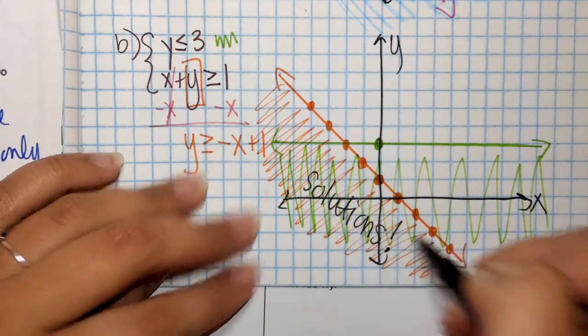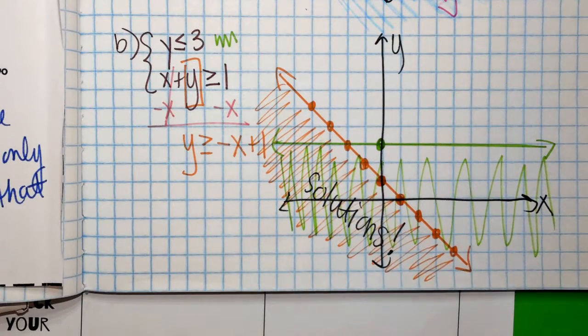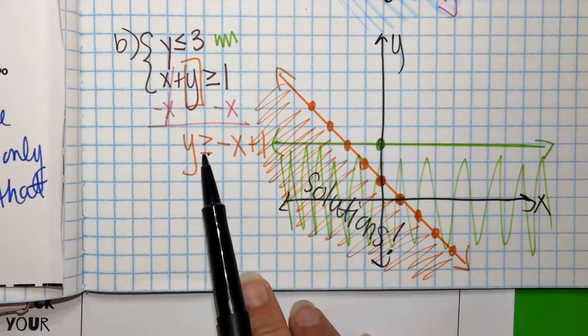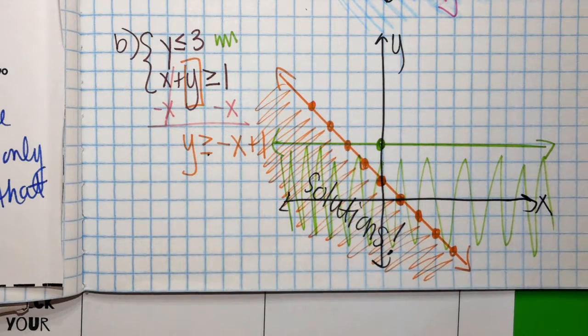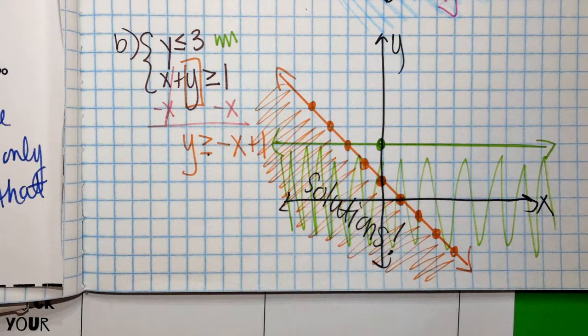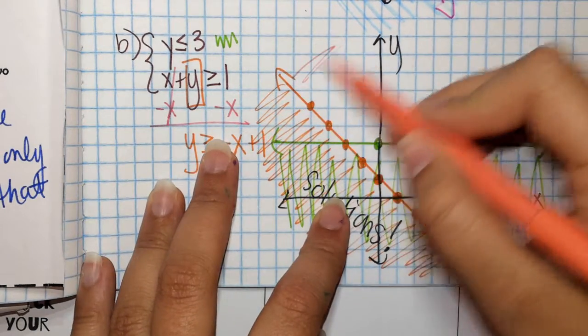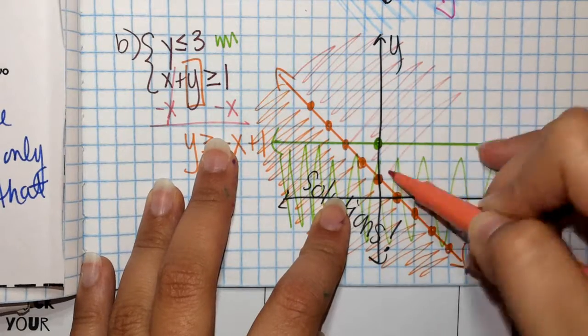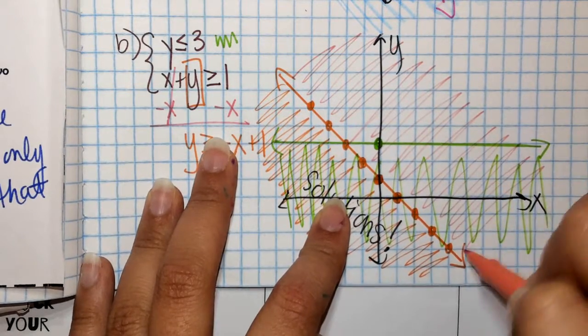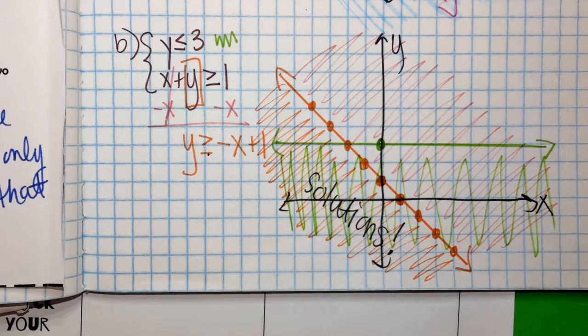You tell me. Oh, I did it wrong. I shaded below. What should I have done? I should have shaded above, like Natalie. High five, Natalie. Wait, above? Above.